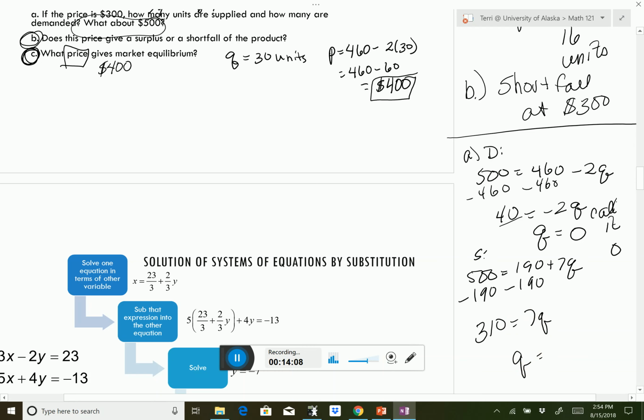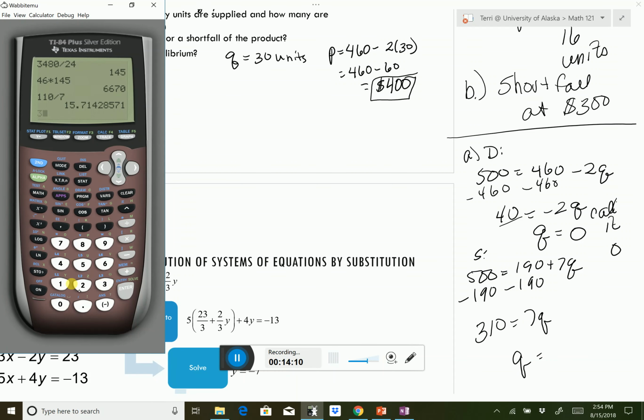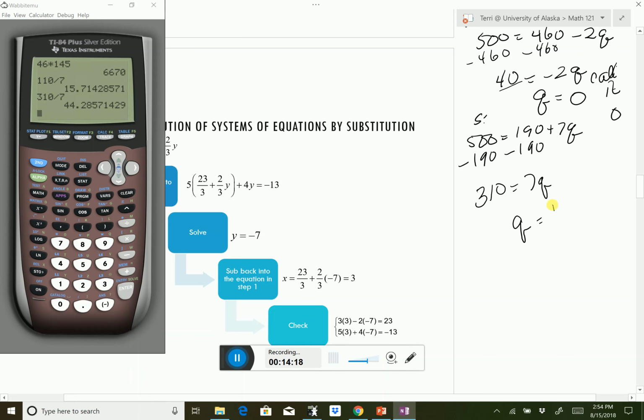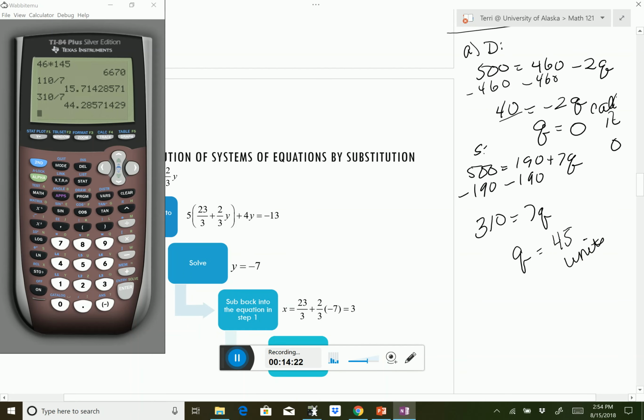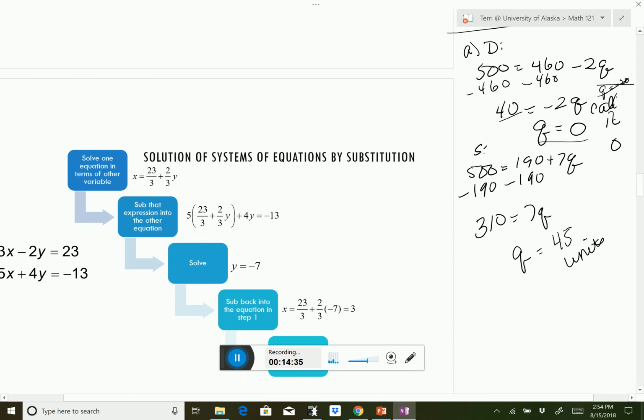So Q is about 45. So at $500, nobody wants it. I mean, technically this would be negative 20, but quantity can't go negative, so we just call it 0. So what are you going to do?